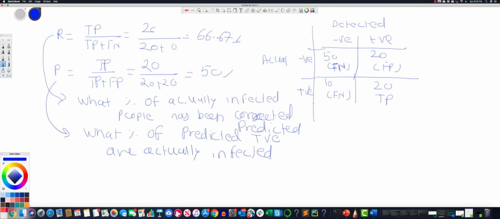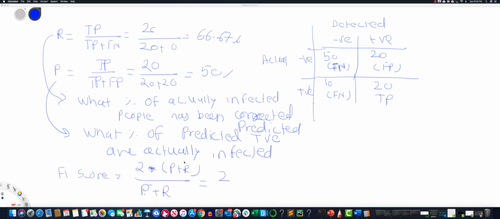Precision indicates whatever you have predicted, how much of that is really true, and recall indicates whatever was actually there, infected people, how many of them you have really correctly predicted. Then we want this ratio to be as high as possible.